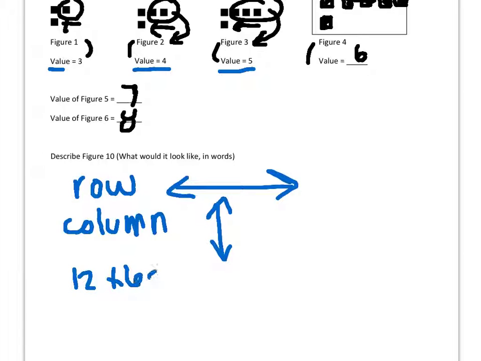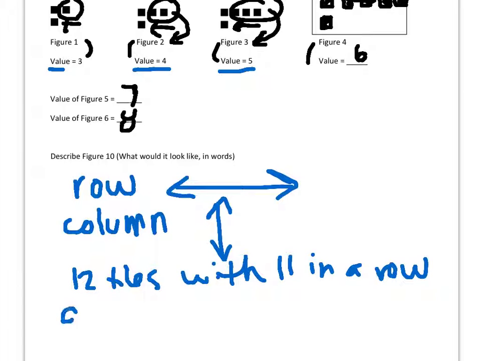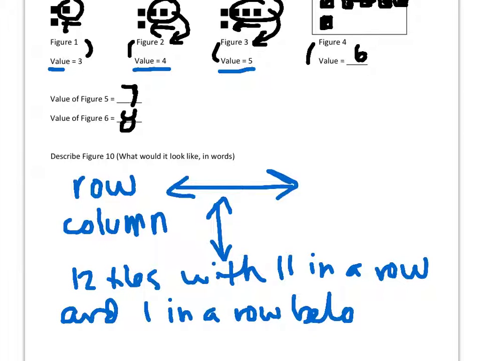We know that. 12 tiles with, let's see, 11 in a row and 1 in a row below. Something like that would probably do. It might not be the best answer, but it's a pretty good one.